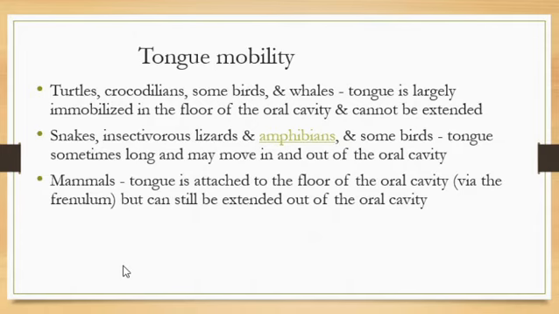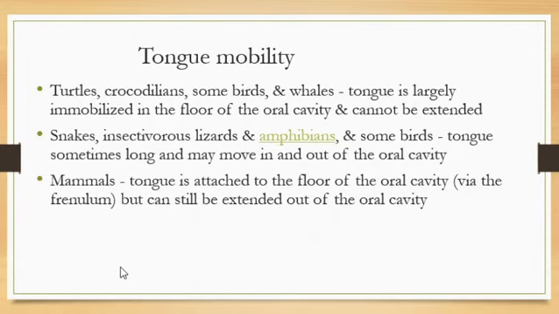Like what I said, some birds use their tongue to get nectar, like hummingbirds, sunbirds, and flowerpecker birds. So the tongue is very essential to them and more well developed compared to insectivorous birds. They don't use the tongue, so they have a short immobilized tongue.